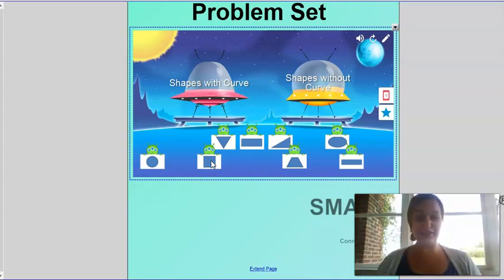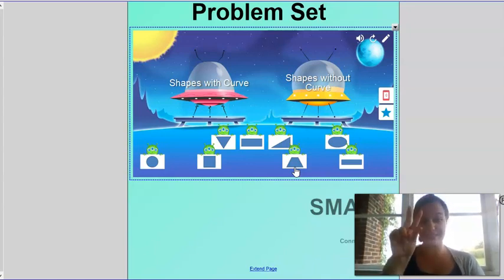Let's look at this one. Straight or curved? Does this shape have curved lines? No, just straight lines. Very good. Straight lines in our rectangle or curved lines? Straight lines. Okay. Does it have straight lines?